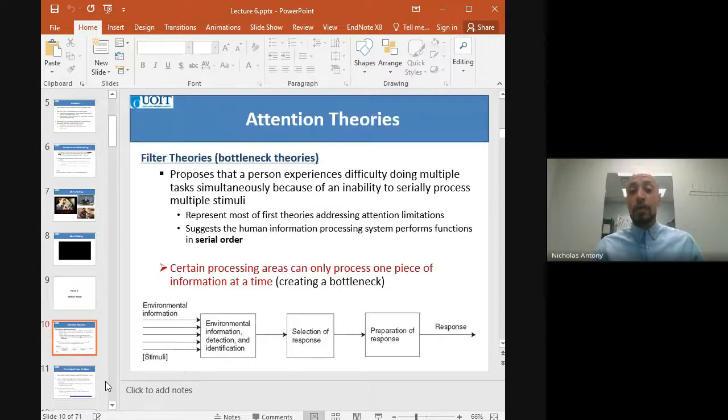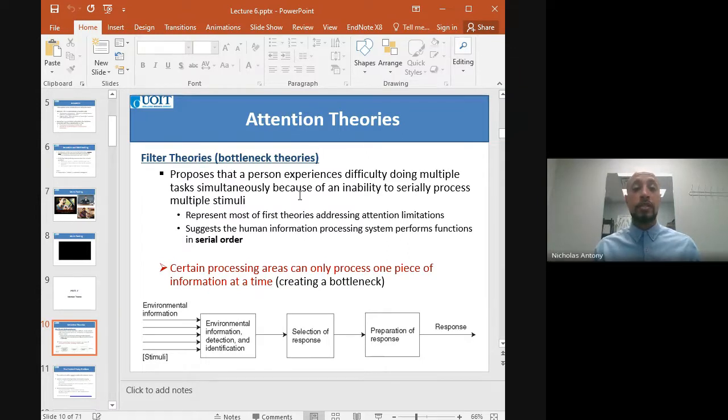So let's talk about the theories that people developed earlier on, and then we'll talk about the newer ones, about understanding attention as a limiting capacity. When people are doing multiple things at once, there tends to be a problem. So initial theories were called bottleneck theories.